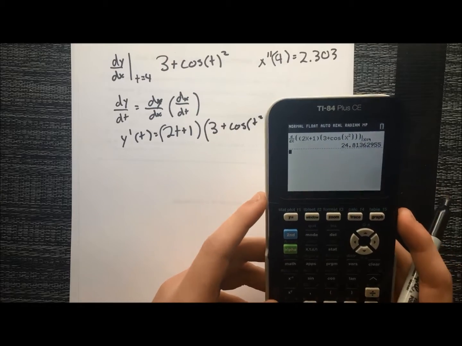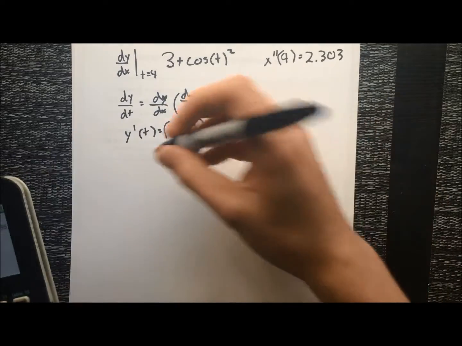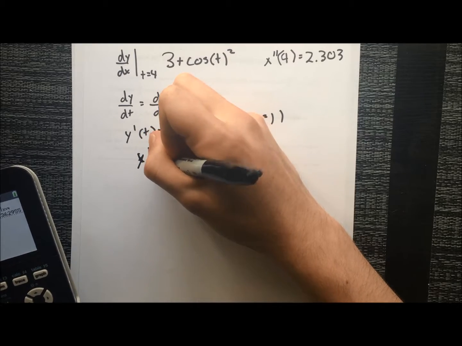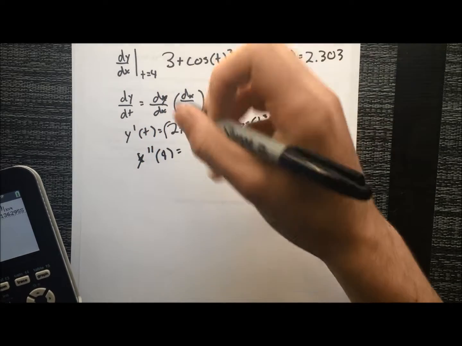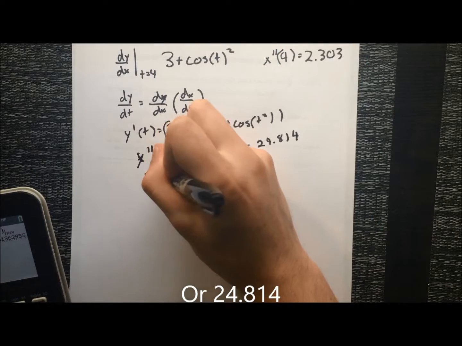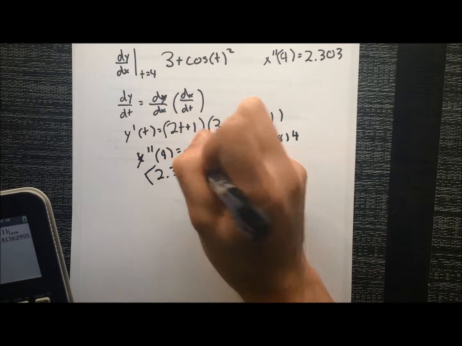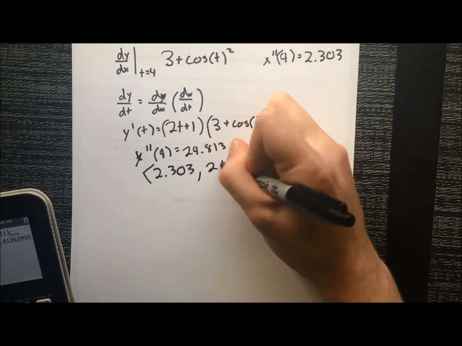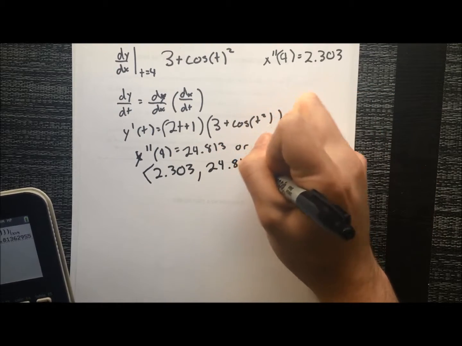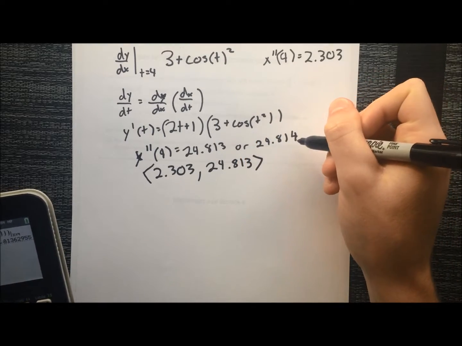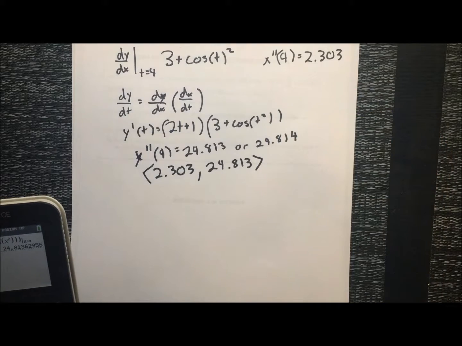Now this gives us a value of 24.813, and then either one of these values, I'm just going to choose one. This would be a correct option, or you could do 24.814.